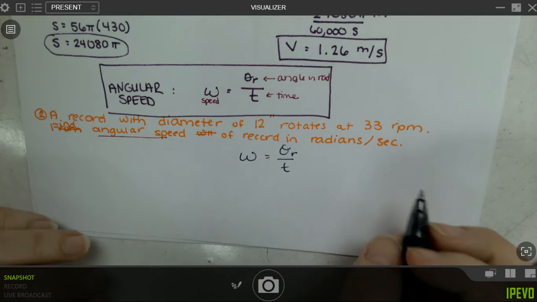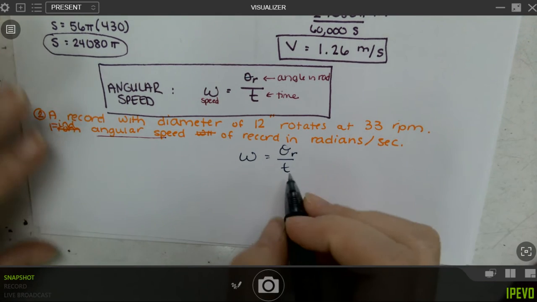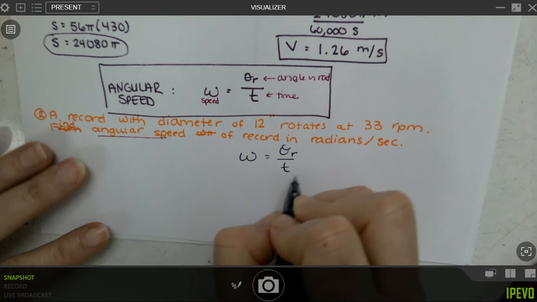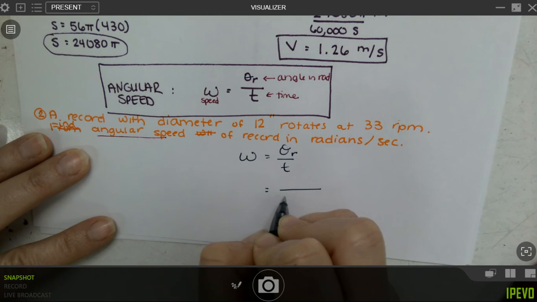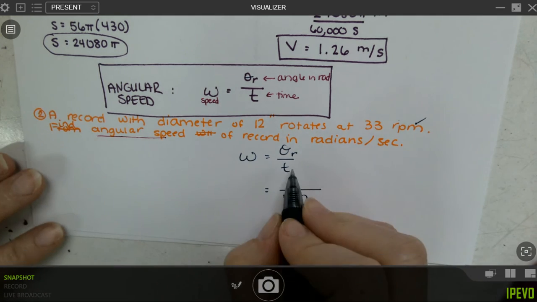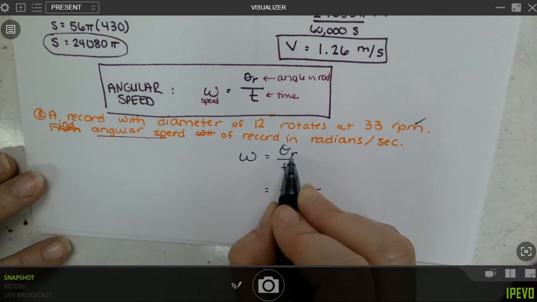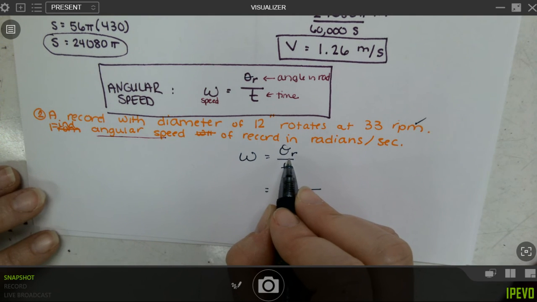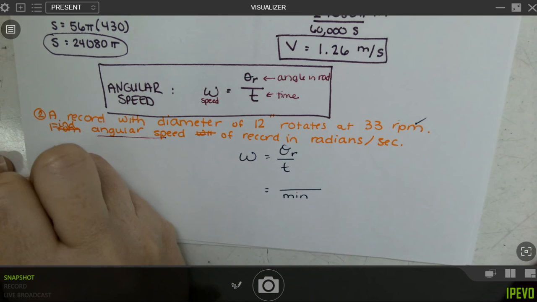We have rotations per minute. So for ours, we're going to have a minute in the denominator. And we need to find the measure in radians. So we're going to do that over here.